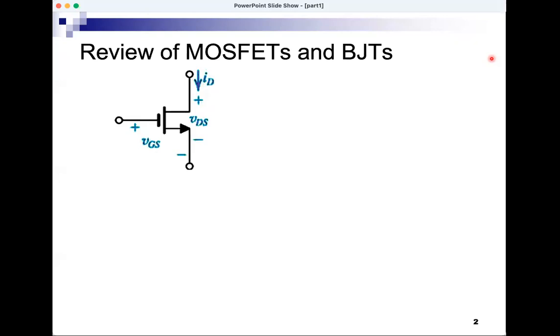And we have only one current in the MOSFET, ID, flowing from the drain towards the source. This is when the MOSFET is N-type or N-channel, and it flows in the opposite direction for P-channel, when the arrow points in this direction.